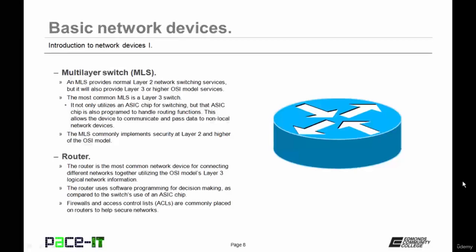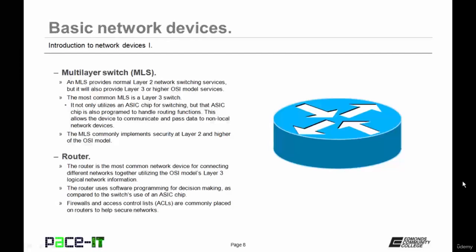It not only utilizes an ASIC chip for switching, but that ASIC chip is also programmed to handle routing functions. This allows the device to communicate and pass data to non-local network devices. The MLS commonly implements security at Layer 2 and higher of the OSI model. MLSs are not very common in small networks due to their expense.